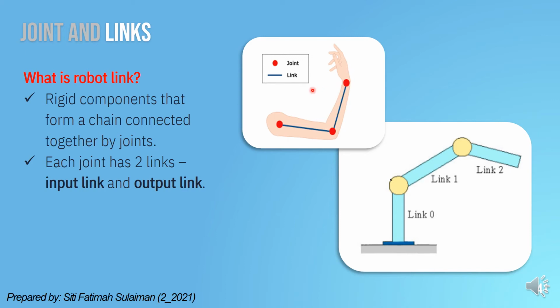So a robot link is rigid, compared to a robot joint. A robot link cannot move. Okay, so each joint has two links. Each joint has two links. What does it mean?